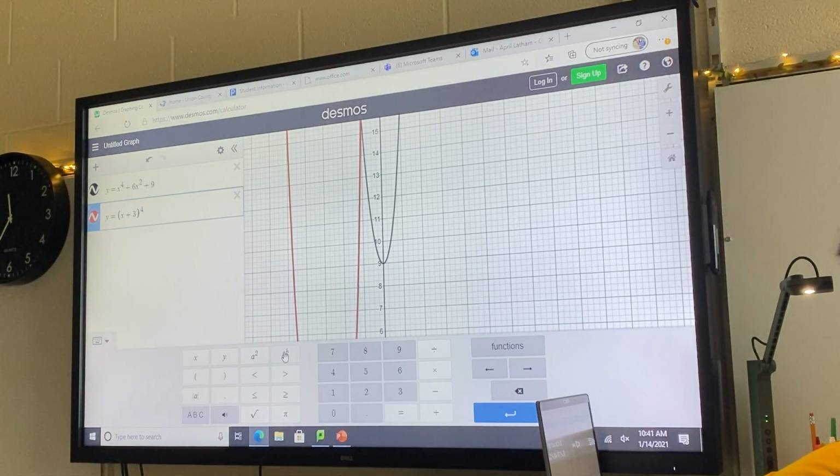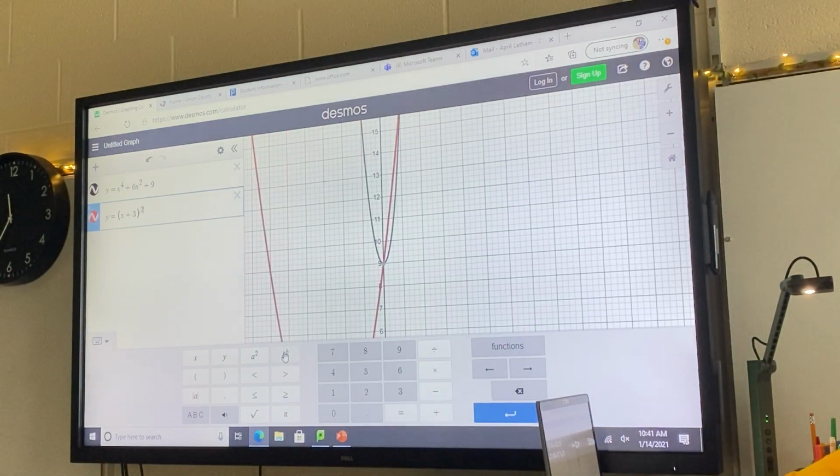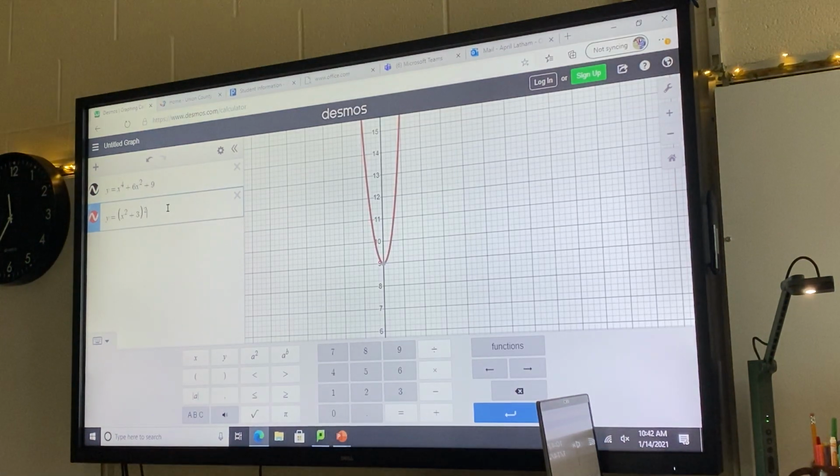So let's try C, that's a square, and then in here, instead of x, it's x squared. I mean, y'all, you could work this out by hand the long way, but why do that? So look here, first one, the second one, exact same graph, so I know that has got to be the right answer. So the answer is C.